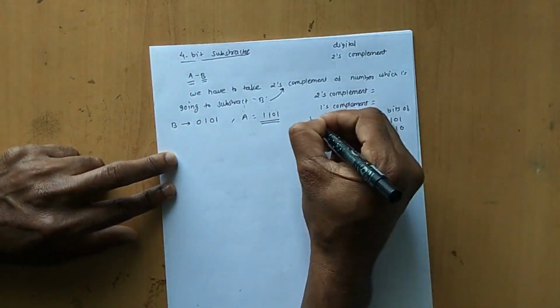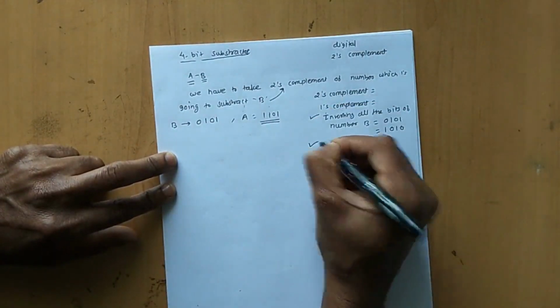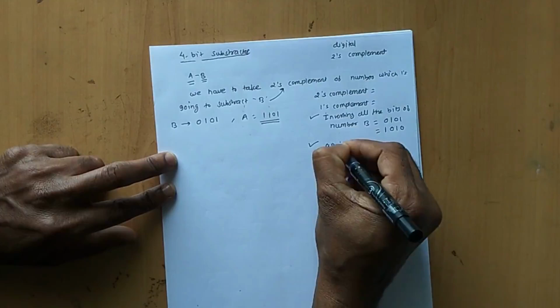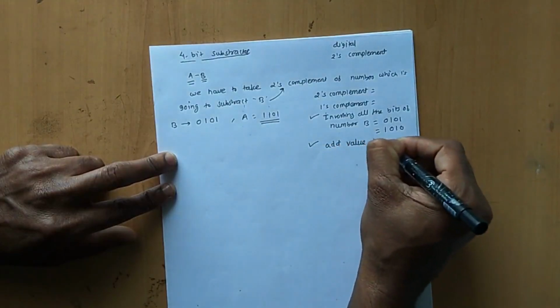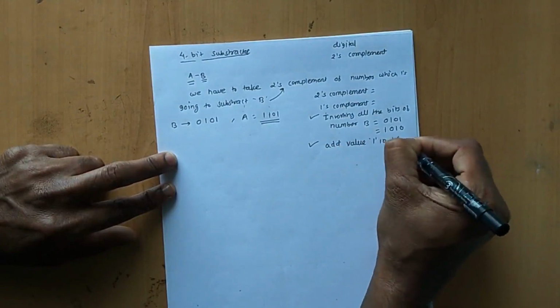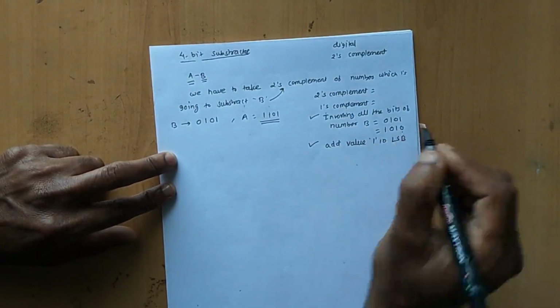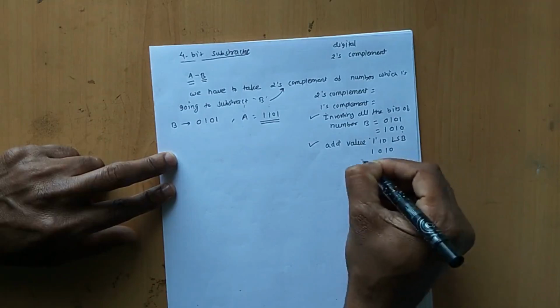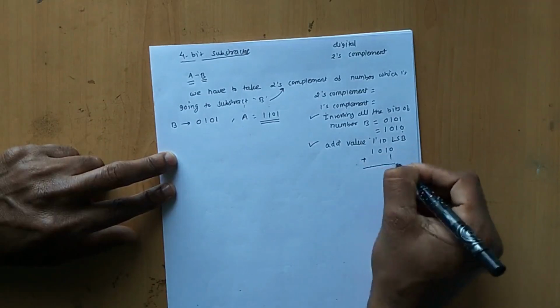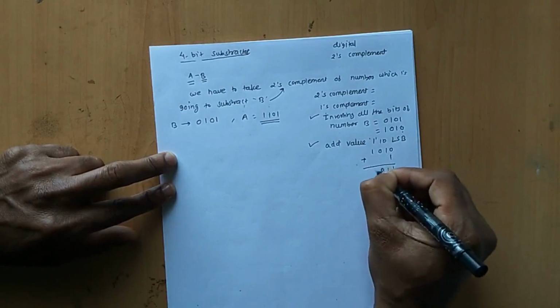Once you have the 1's complement, the second step is to add 1 in the LSB. This is the LSB, and according to this rule 1 0 1 0, we add 1 into the LSB, and the value becomes 1 0 1 1.